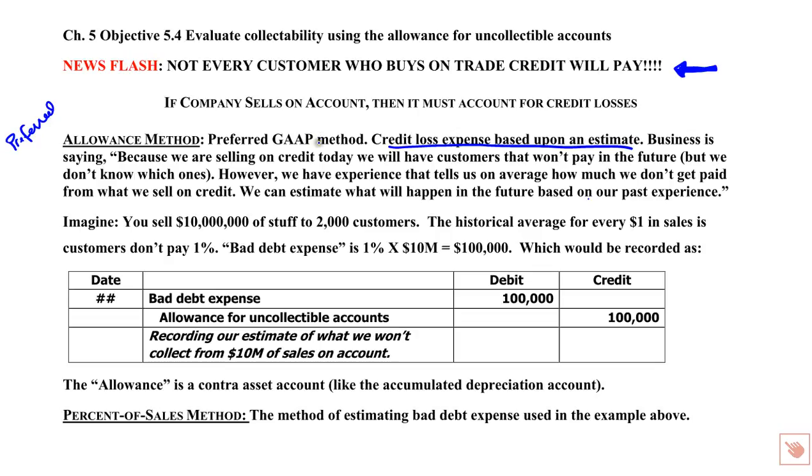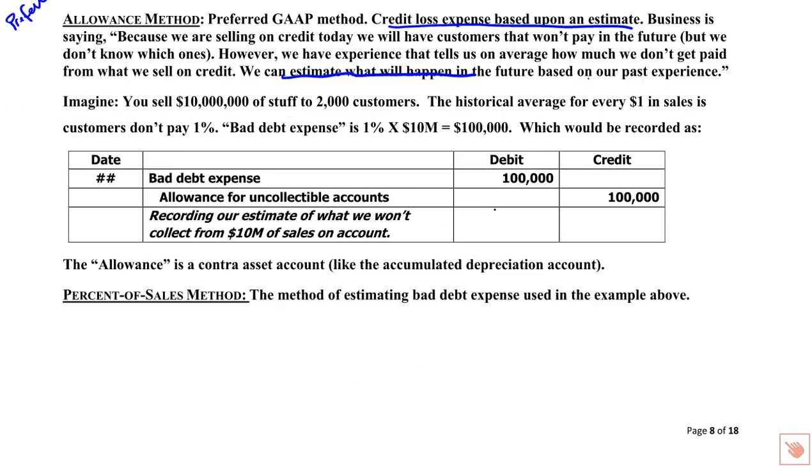Since they can reliably estimate what will happen in the future, they're going to go ahead and recognize the expense with the event that created it. If you sold it on credit, that's the event that created the credit loss. So you're going to try to match it in that time period.